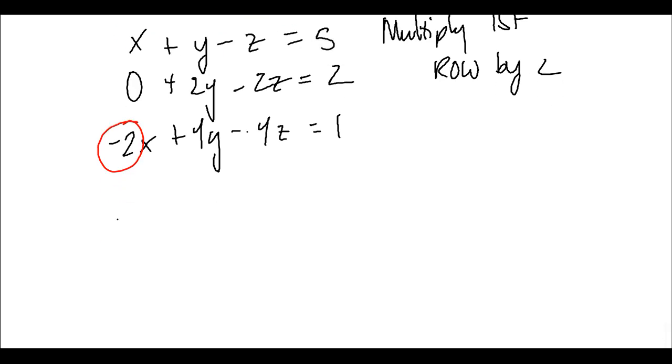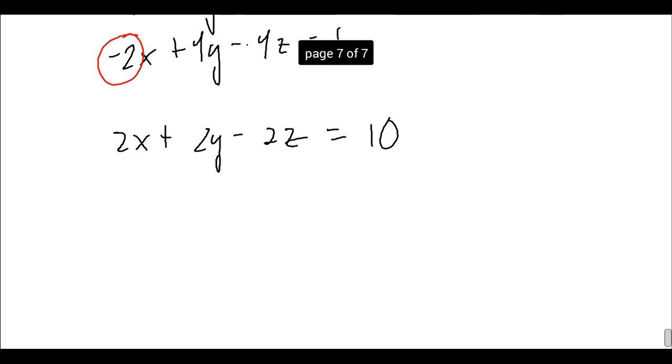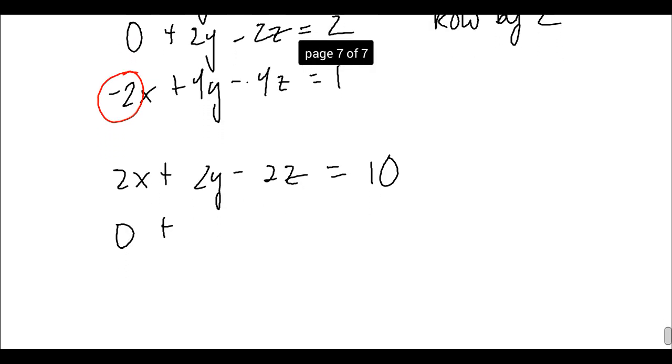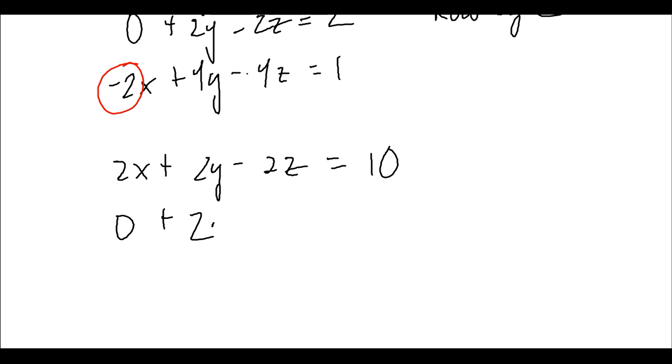And when I do that, I get 2x plus 2y minus 2z equals 5 times 2 is 10. Alright, didn't change that middle row at all. We'll have a 2y, a negative 2z, 2, and it didn't change that last row at all either.